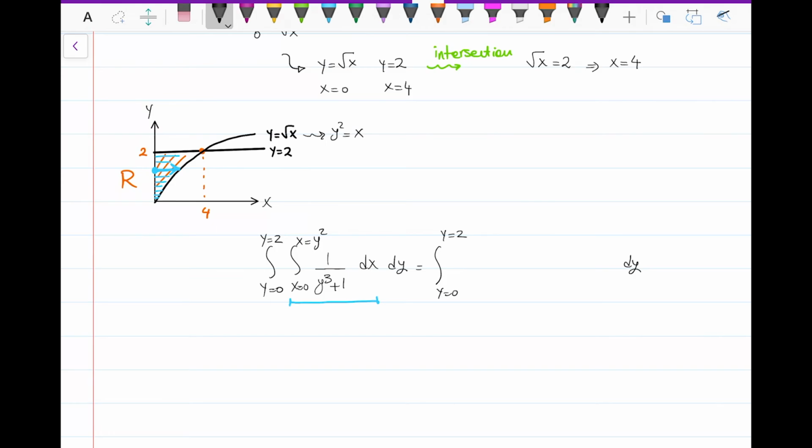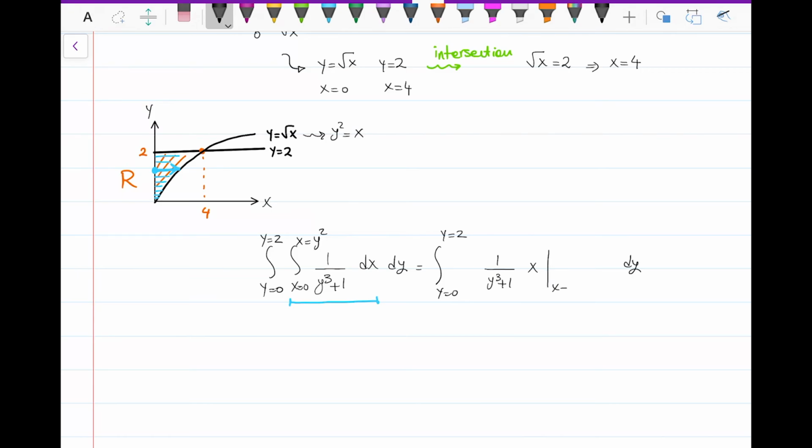For the inner integral, as you see, we're taking the integral with respect to x, which means that all the y's are constant. So this expression in here is just a number, it's just a constant, because we are taking the integral with respect to x. So the integral of a constant dx would be the constant, which is this one, times x, right?